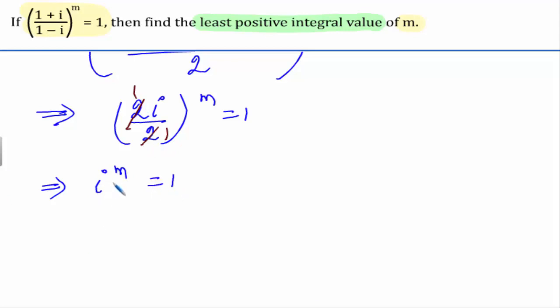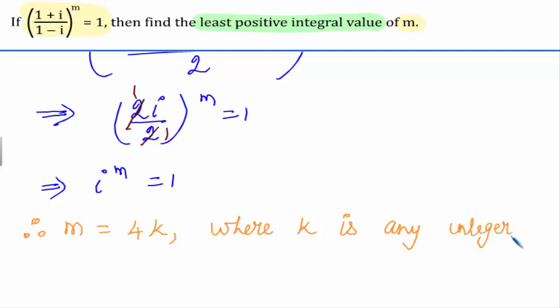Now, we need to find the value of m for which i raised to the power m is equal to 1. Therefore, m is equal to 4k, where k is any integer. But we need to find the least positive integral value of m.